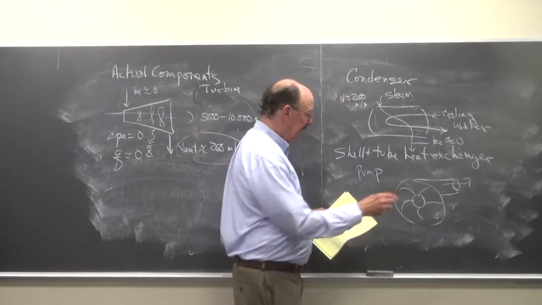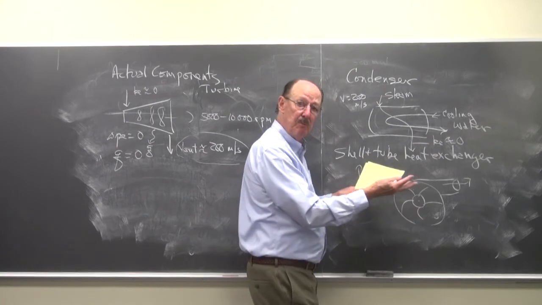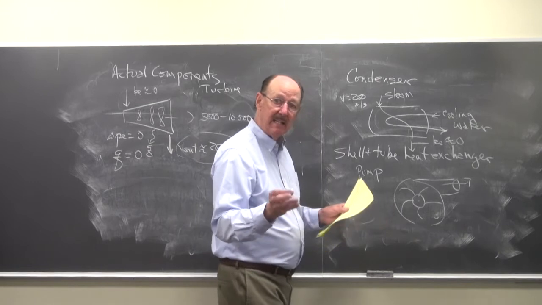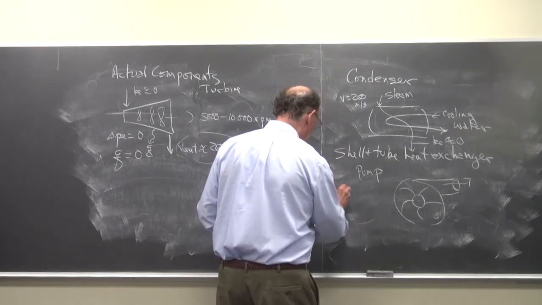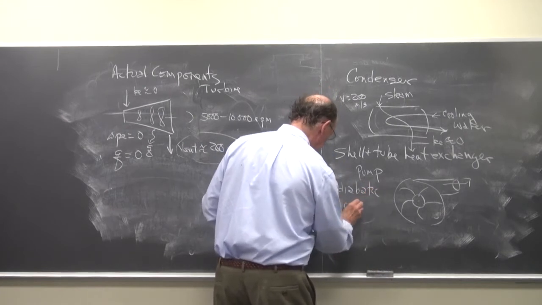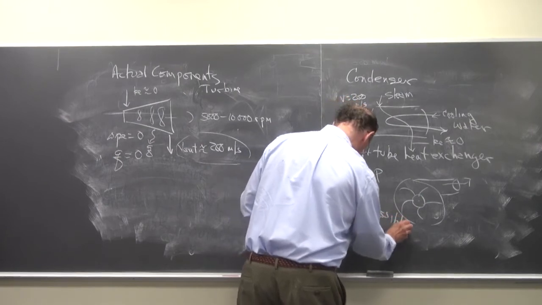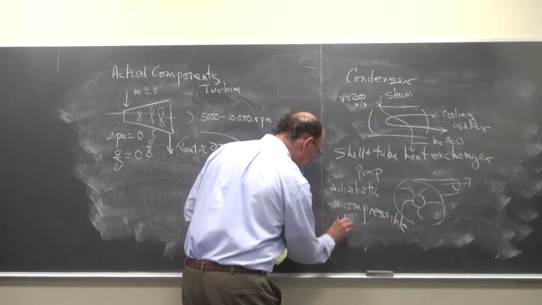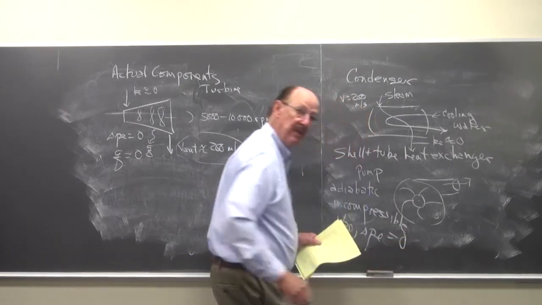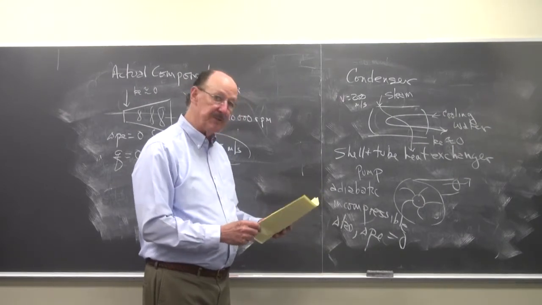So we have the inlet going in, increases in kinetic energy, slows down, increases in pressure, and we're assuming it's isentropic, so it's adiabatic and incompressible. And delta KE and delta PE are typically 0. So typically we have the change of kinetic and the change of potential energy are 0.